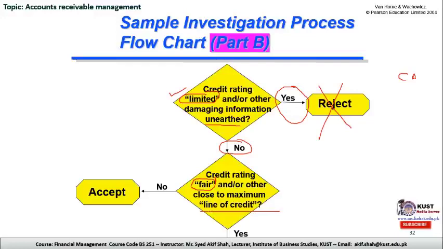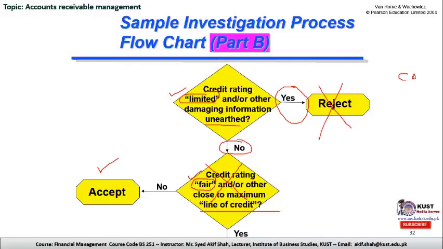So if they are approaching close to the line of credit, or they have a fair credit rating by Dun and Bradstreet, if yes, then we will go for further investigation. If they are not given such a fair or close-to-maximum line of credit indication, then our supplier or company will accept this credit applicant and sanction the credit sales to him.